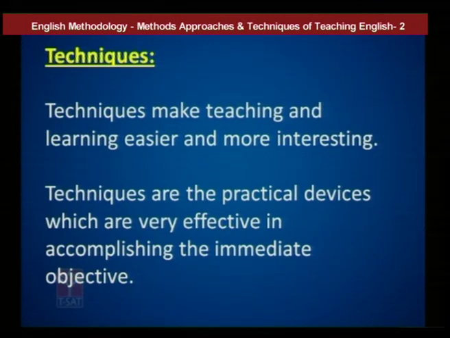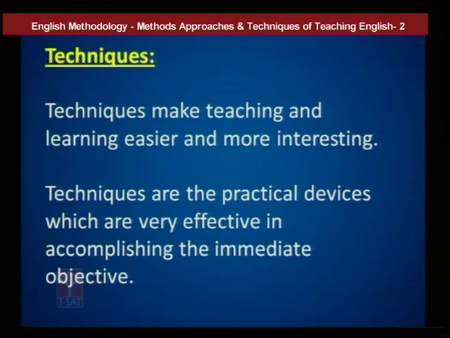We can follow very simple techniques within the stipulated time period. The techniques are practical devices which are very effective in accomplishing the immediate objectives, and they make teaching and learning easier and more interesting.